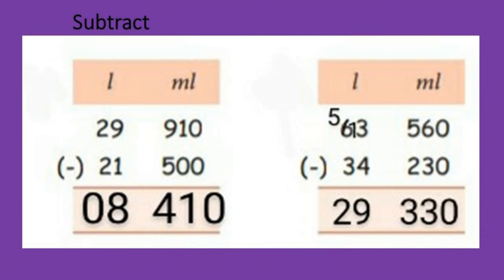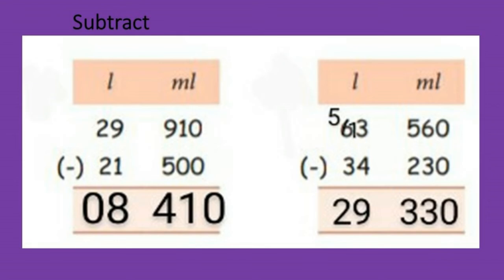Next sum, 63 liters 560 milliliter, 34 liter 230 milliliter. So we have to arrange the numbers according to the digits and the units, that is liter and milliliter.